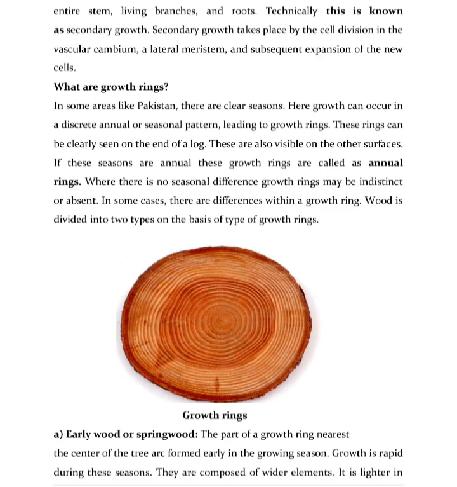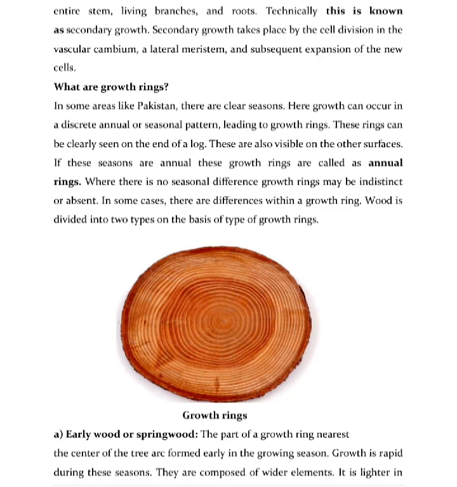In some cases, there are differences within a growth ring. Wood is divided into two types on the basis of the type of growth rings. Early wood or spring wood: the part of a growth ring nearest the center of the tree is formed early in the growing season. Growth is rapid during these seasons.